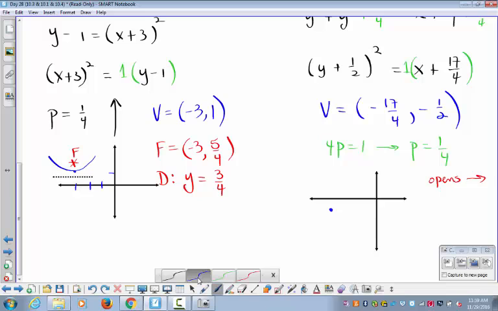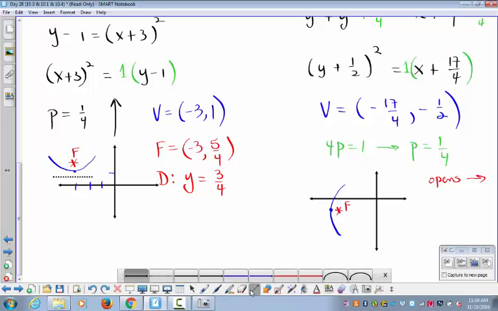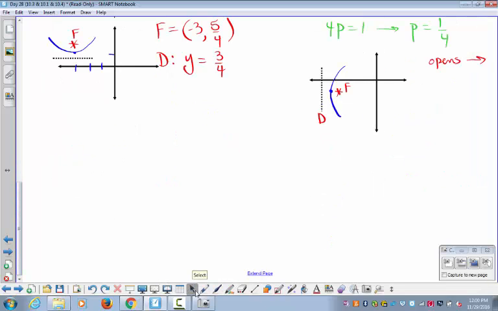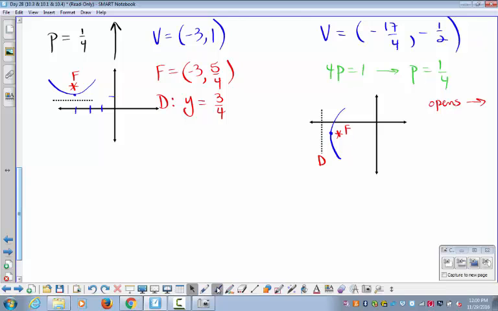So opening right, let's just draw that so we have a sense of where the focus is going to live and where the directrix is going to live. So that sketch should enable us to get the coordinates in the equation for what we're looking for.